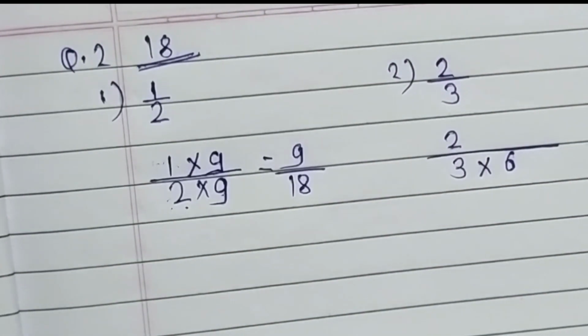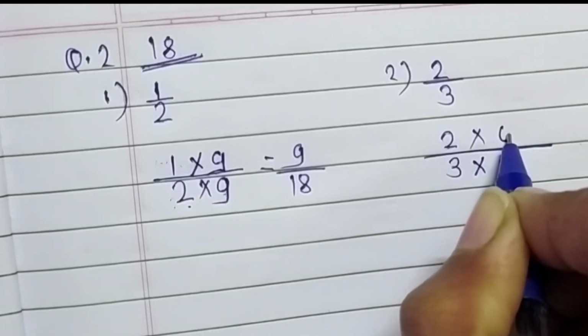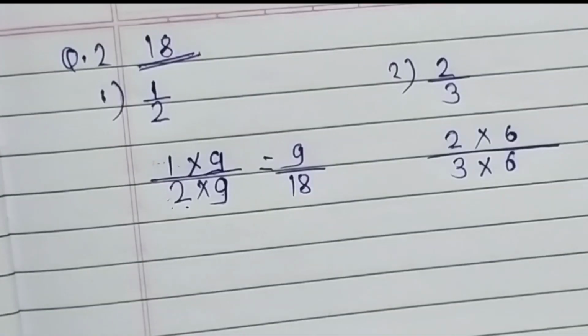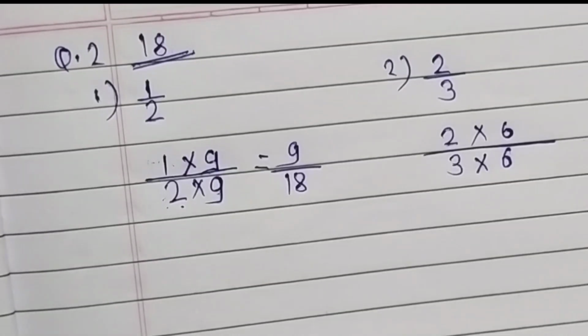So just write here 6 and here also we are going to multiply our numerator by 6. It's a rule that when the numerator and denominator of a fraction are multiplied by the same number, then we get our equivalent fraction.